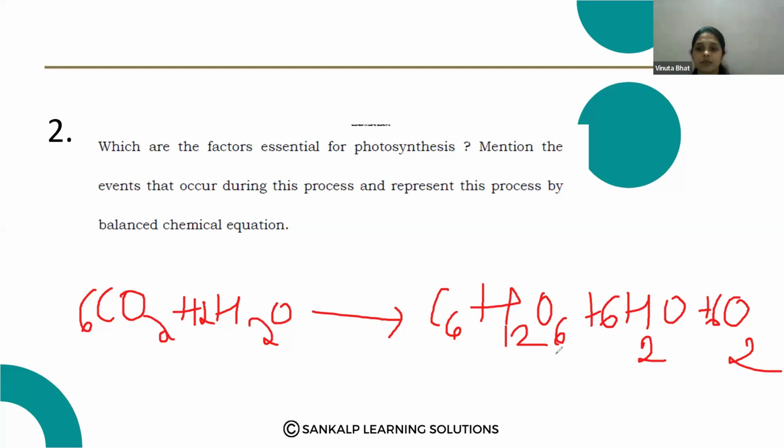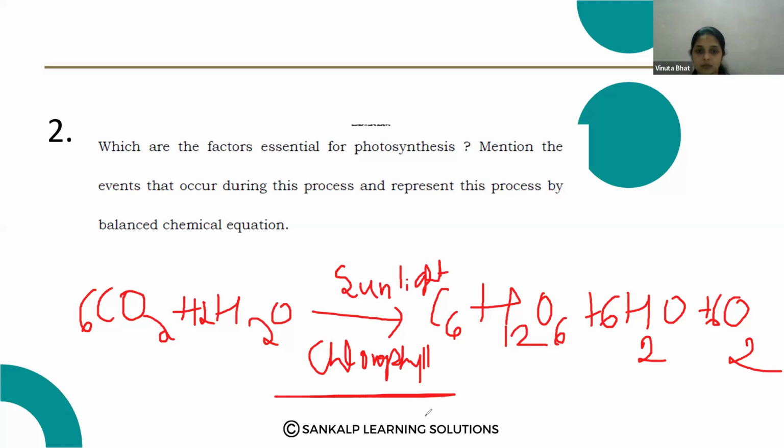Yes, 18 oxygen. So this is the sunlight and the chlorophyll pigment. So this is the balanced chemical equation that you have to write.